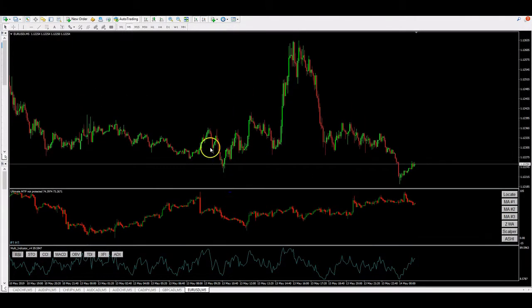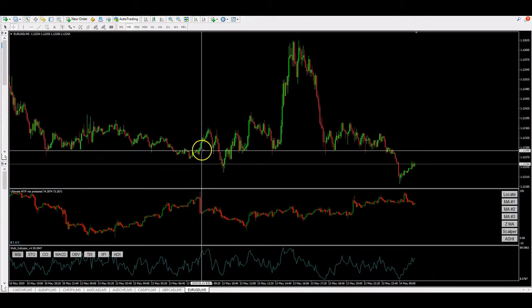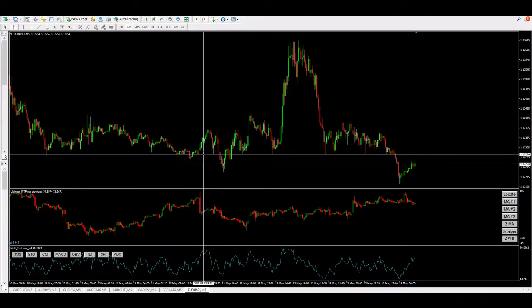Now, one thing you got to remember, because this is a 1 hour chart and this is a 5 minute chart, each one of these candles represents 12 of these candles. So you can't look right here and right here on both charts at the same time to compare whatever it is you're analyzing.